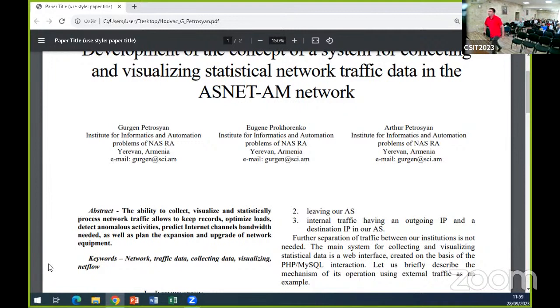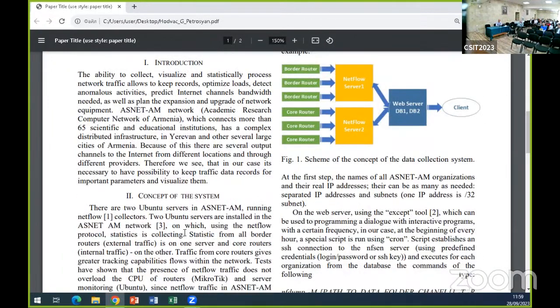Okay, and from some time we understand that it is not enough to have only one way to the internet from our network.